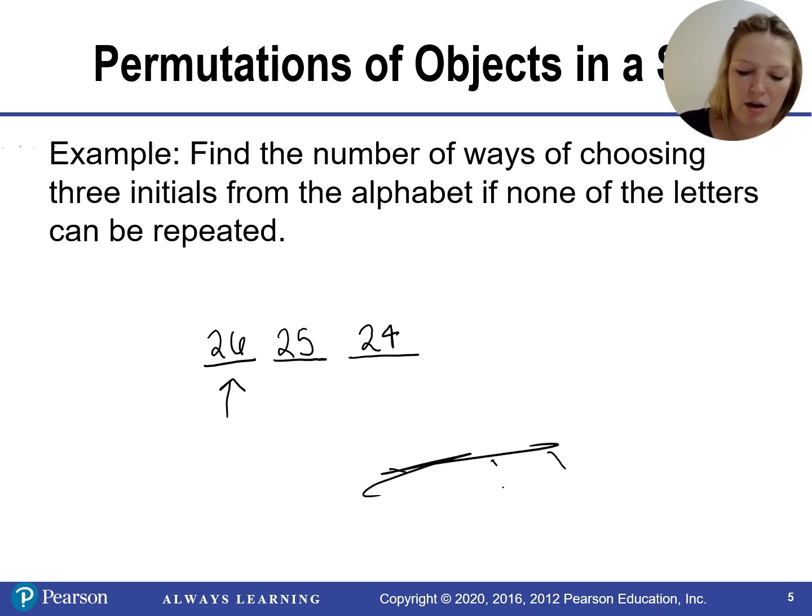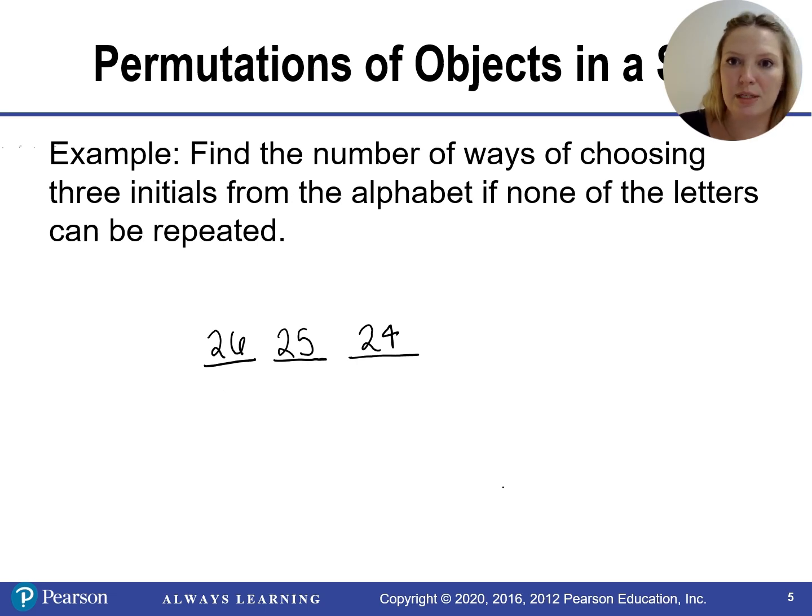So there are 26 ways to choose the first letter, 25 ways to choose the second letter, and 24 ways to choose the third letter. And by the fundamental counting principle, we can find the product of those 3 numbers and get our result. So we would do 26 times 25 times 24.